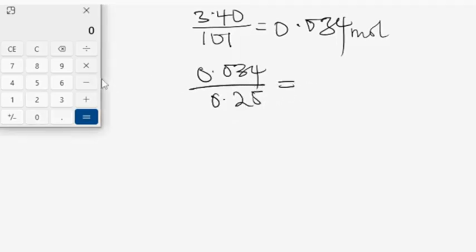So let's calculate this. This will yield 0.136 mole per dm cube.